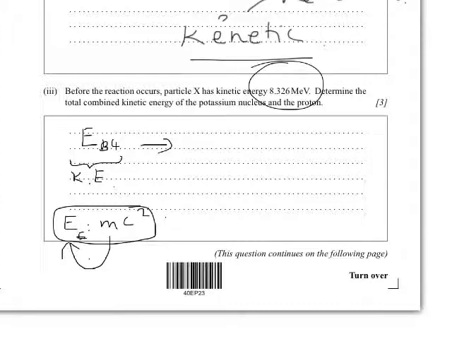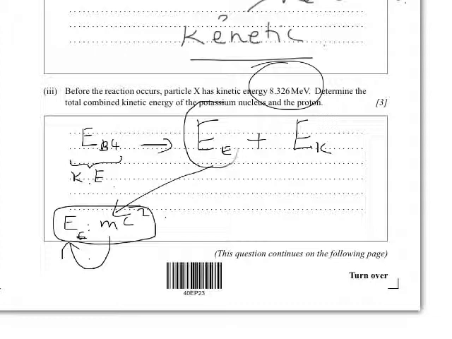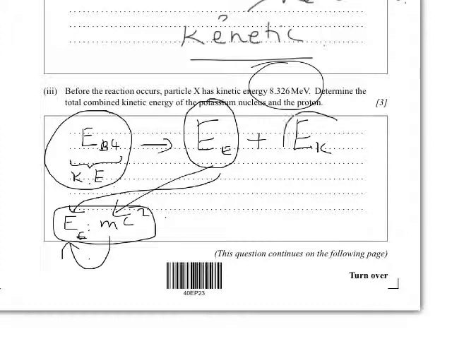So when the reaction takes place, you have this Einstein energy, which is due to the mass defect, plus, according to this, the kinetic energy of the potassium and the proton. So how are we going to work this out? Well, if we can work out the mass defect and its equivalent value in megaelectronvolts, we have the kinetic energy before, we just need to work out basically this minus this.